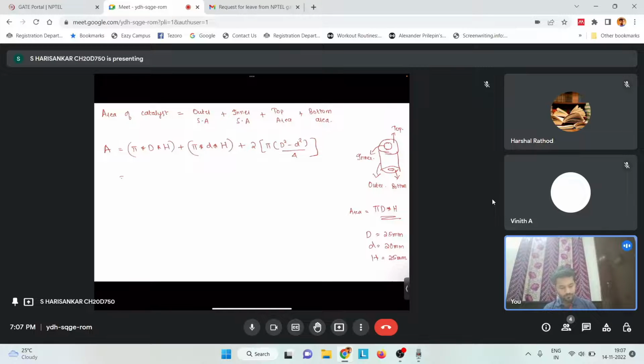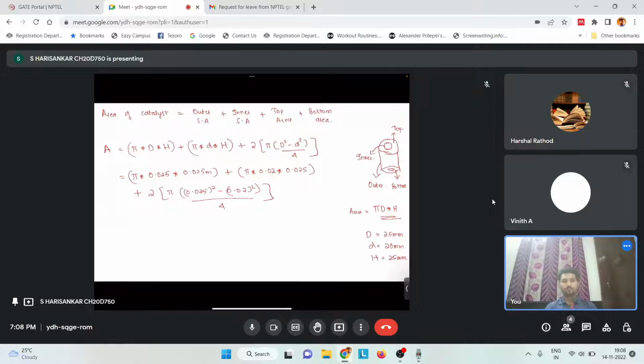So this will be pi into D, which is 25 mm or 0.025 meter, into height, which is again 0.025 meter, plus pi into small d, which is 0.02 meter, into height, which is 0.025 meter, plus 2 into pi (0.025 the whole square minus 0.02 the whole square) by 4.